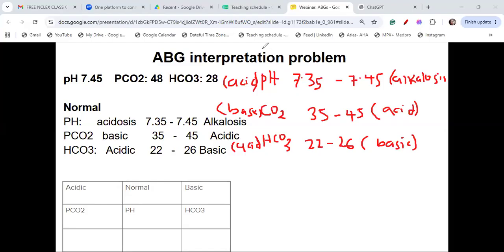So normally we start by interpreting the ABG before we introduce the compensation bit. So our pH 7.45, it's normal, but where was it coming from? It was coming from this side. So we'll have alkalosis.